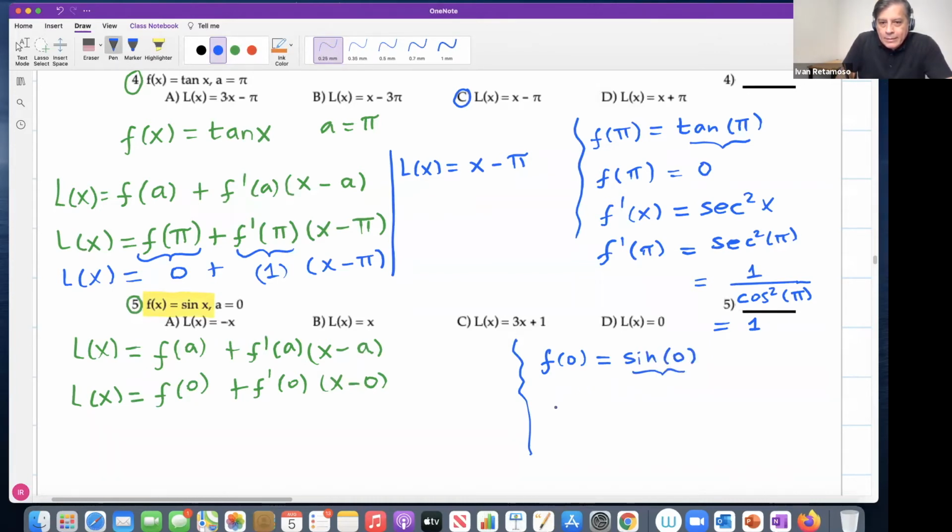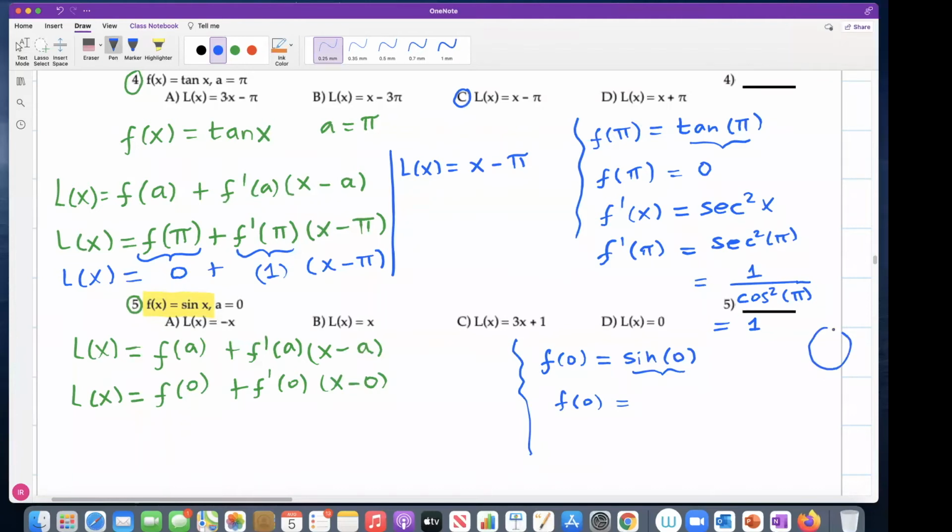Anybody could tell me? Yeah, CG, very good. Excellent, because the unit circle has for 0 the coordinate (1, 0), and the second coordinate is sine, so 0. Or if you put it in the calculator in radians, it will give you 0.